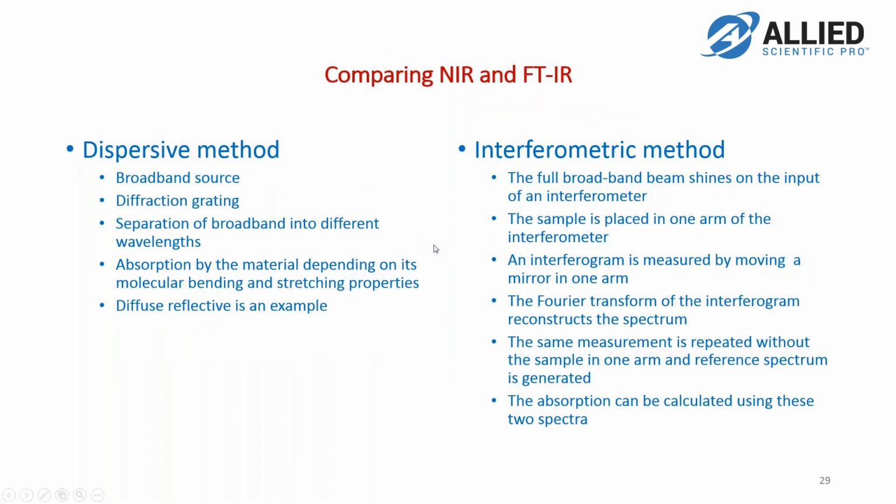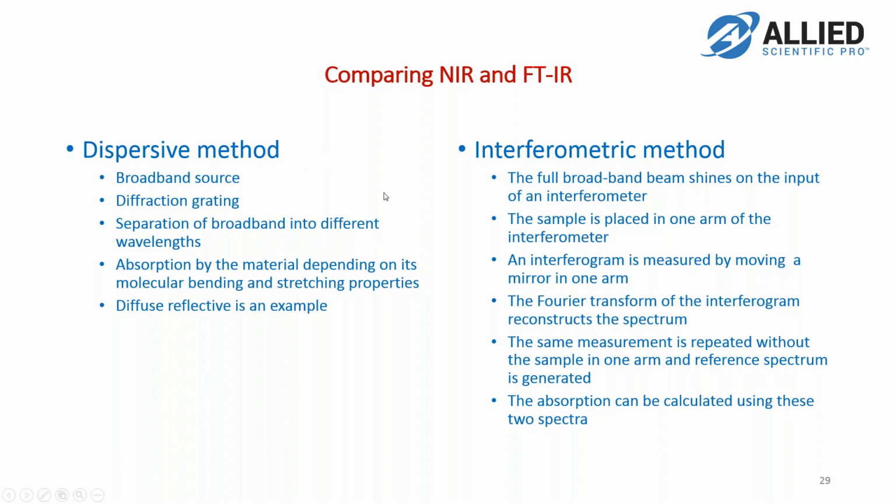Now I would like to compare near IR to FTIR, which is in the mid-infrared, and look at the pros and cons. There are different spectroscopic techniques. So why are we using near IR, and how is it different from FTIR? Some of you may be familiar with FTIR, Fourier Transform Infrared Spectroscopy. Near IR is a dispersive method.